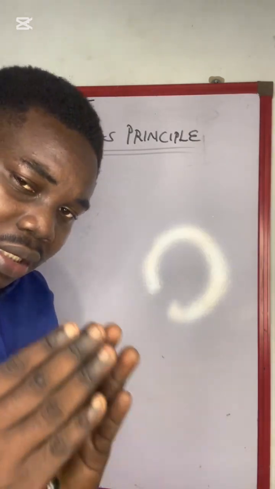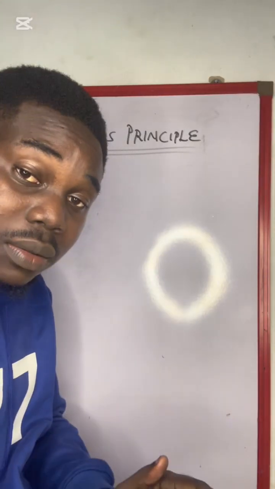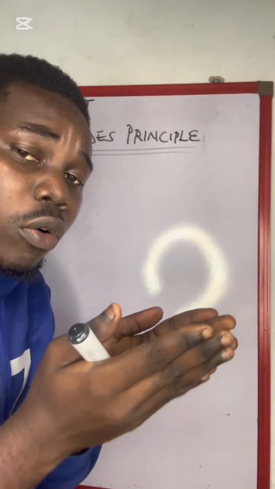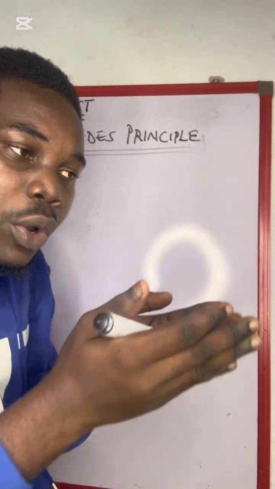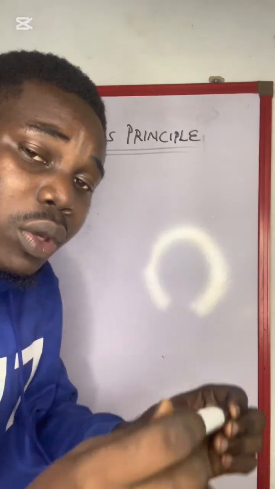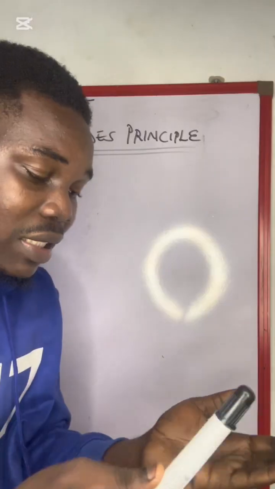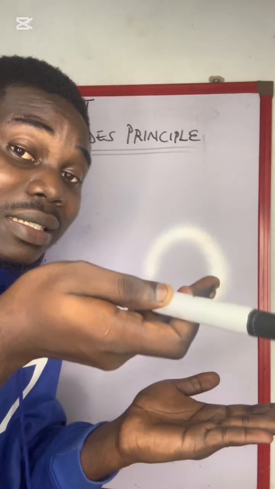Simply put, the volume of an object immersed in a liquid must always be equal to the volume of liquid displaced vertically upward. When you put an object into a cup or a bowl of water, you will always observe that the level of water in that cup or bowl will increase.